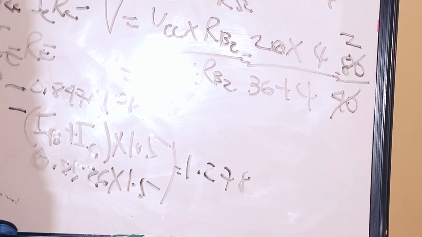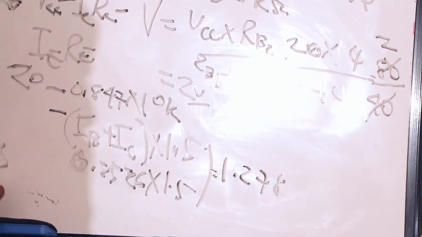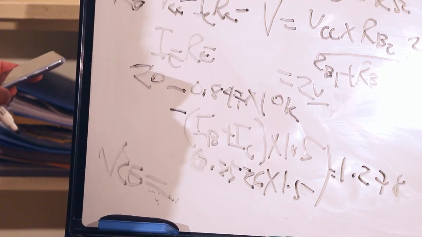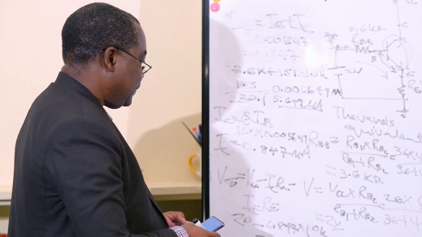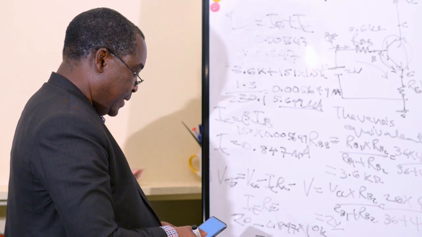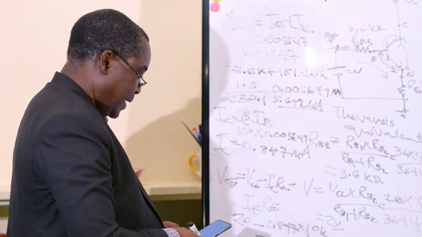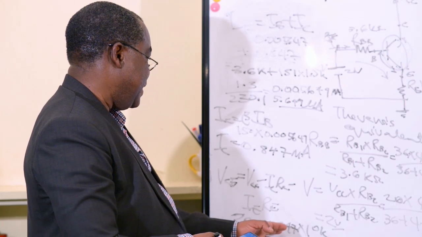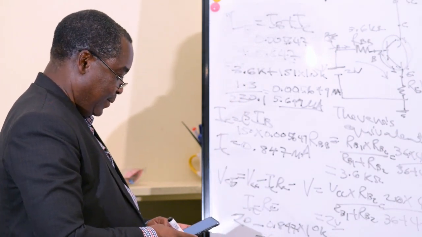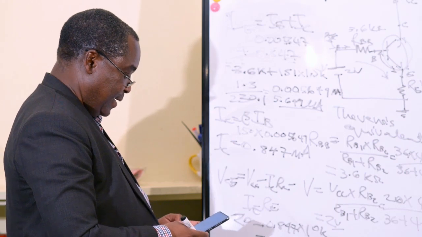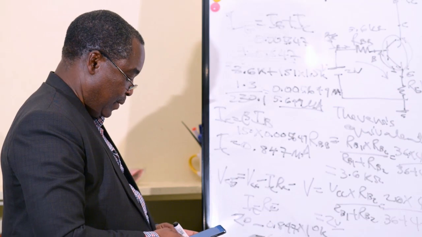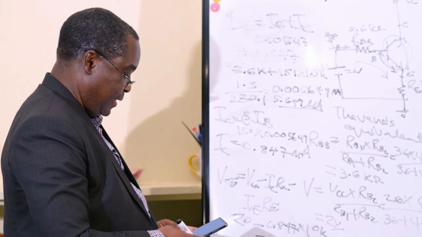So VCE equals 20 minus 8.47, we minus 1.278.